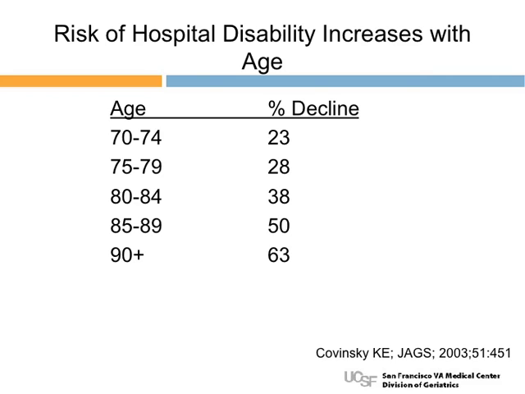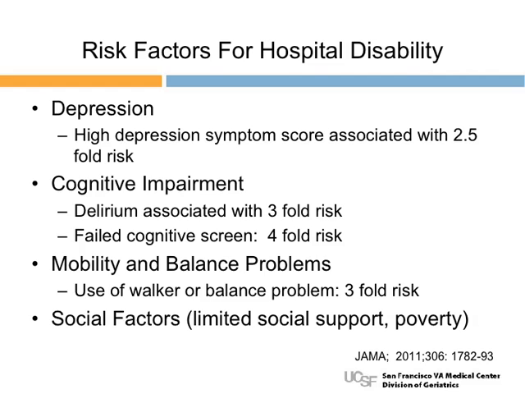So what are some risk factors for hospital-acquired disability? Many of you have worked in gerontology, so you might have heard people use the phrase the 3 Ds. Depression, dementia, delirium are basically 3 problems that really put older people at risk for disability and often conspire together.